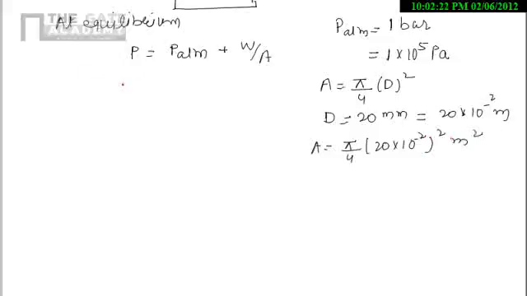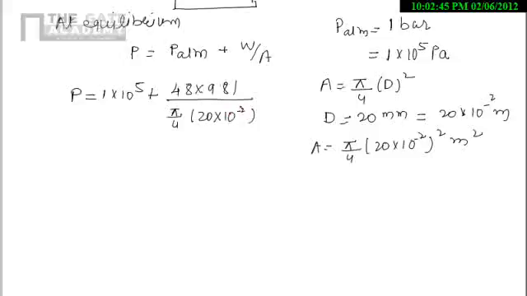So now I will plug all these values here. We have to find out P, that is pressure inside the cylinder. P atmospheric is 1 into 10 to the power 5 plus W, which is 48. It is mass, so we have to multiply it with acceleration due to gravity, divided by A, which is pi by 4, 20 into 10 to the power minus 2 square.